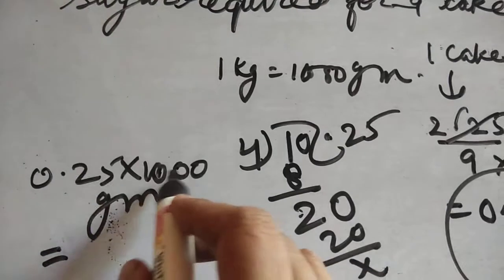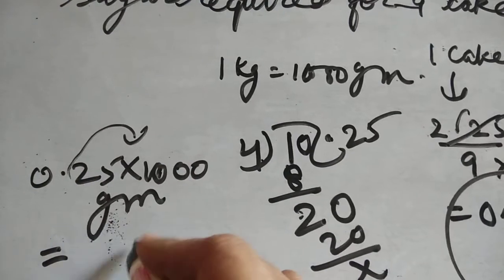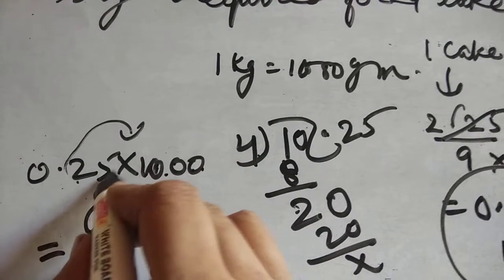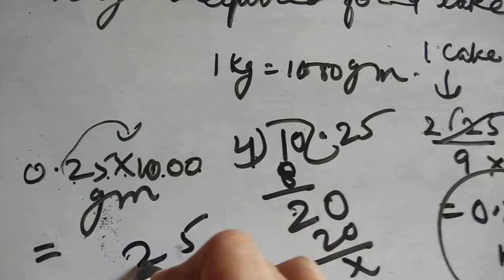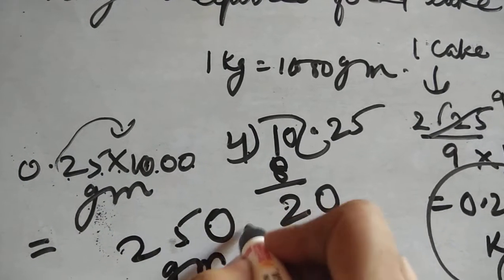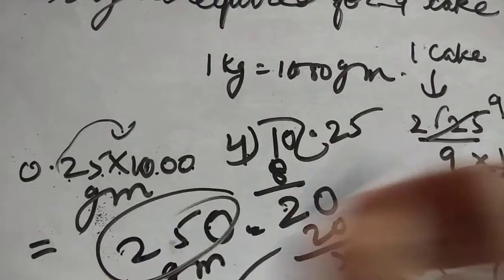If we multiply, the point shifts to the right hand side. How many steps? 3 steps, 3 zeros: 1, 2, 3. So 250 gram, the point goes here. So 250 gram is the answer.